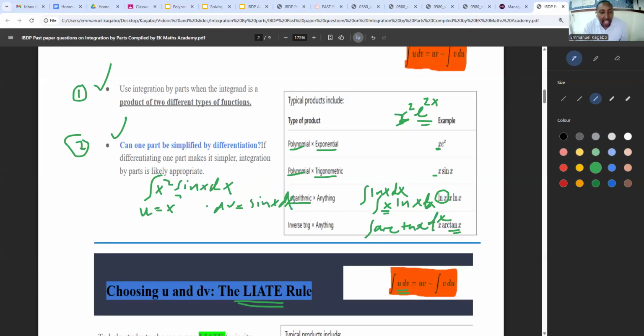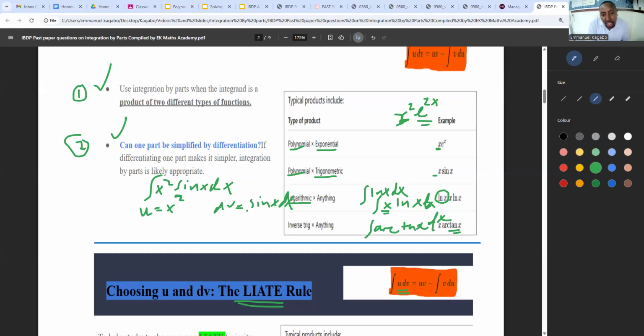Now, why this? Apart from using LIATE, why? The main reason is that whenever I take the derivative of this, the power reduces: power 2 becomes power 1, and then even power 0. The power of what we are taking to be u keeps on reducing because you're going to do the derivative. Now, dv, we are going to integrate, and what we integrate should be easier to integrate.